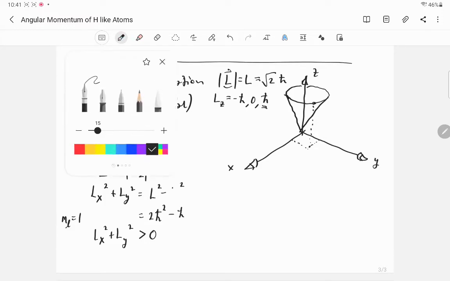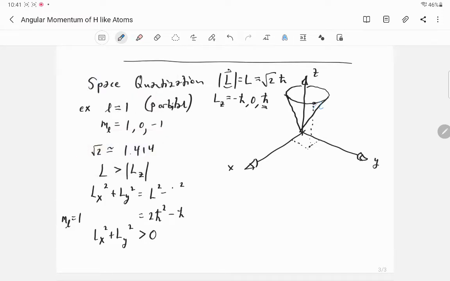And that vector, let me draw it in blue, is the angular momentum vector. But I do not know where its shadow is in the xy plane. I don't know where its shadow is, but I do know it has a shadow in the xy plane.